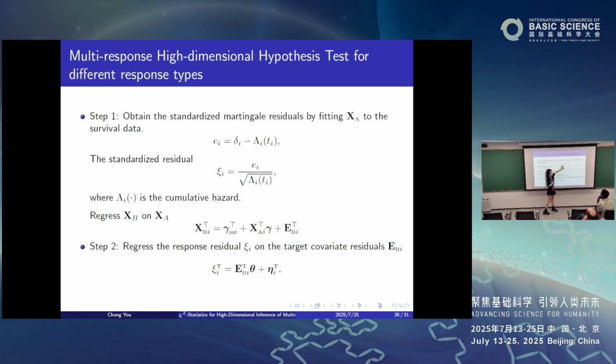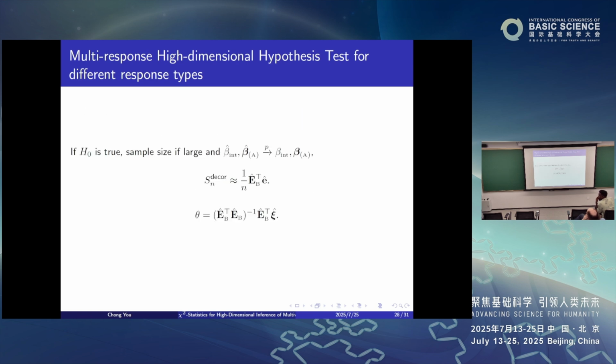This is the variance. So obviously it will be more sensible if we measure the correlation between those two using the one adjusted by its variance, adjusted by its standard deviations. So this is a more sensible way, and this is the relationship between our method and the decorrelated score function.